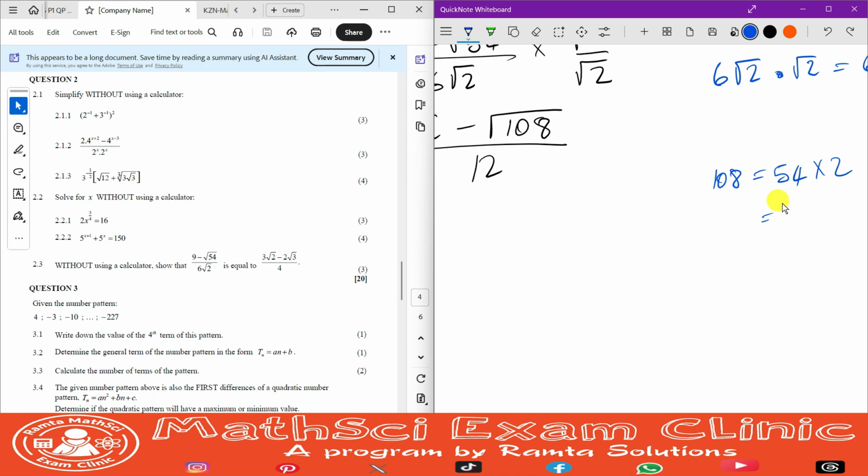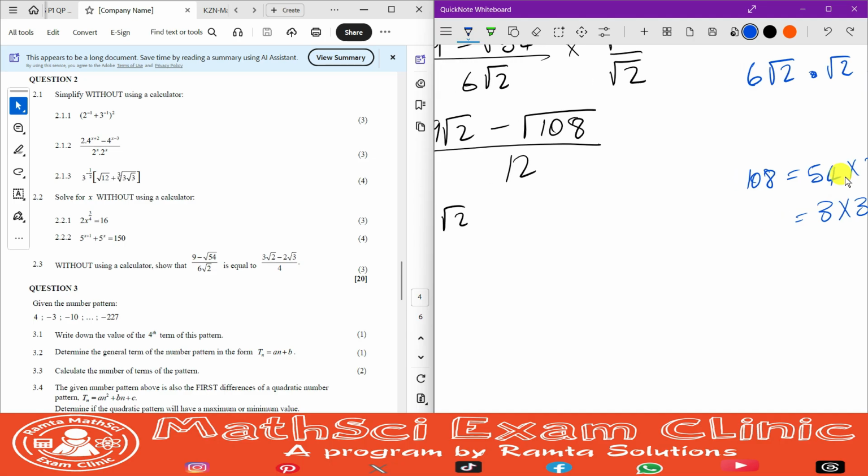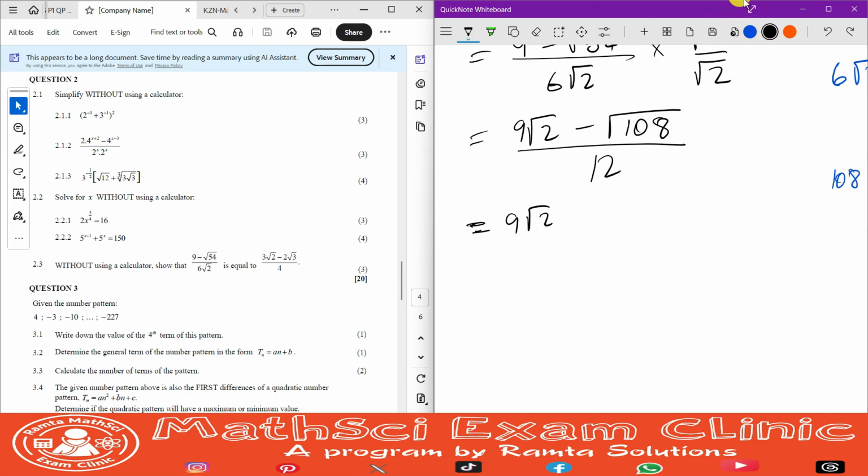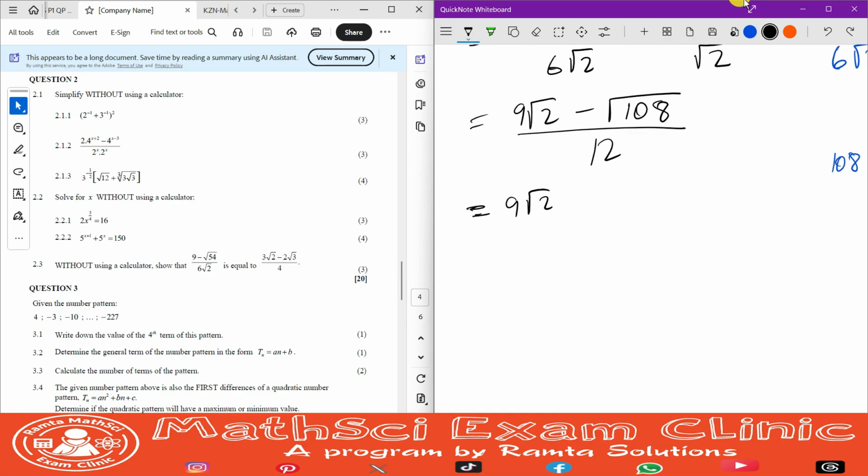Then let's try 3 times 36. 3 times 36, that's perfect because 36 is a perfect square. So we're going to do this now. This then becomes minus square root of 36 times 3 all over 12.